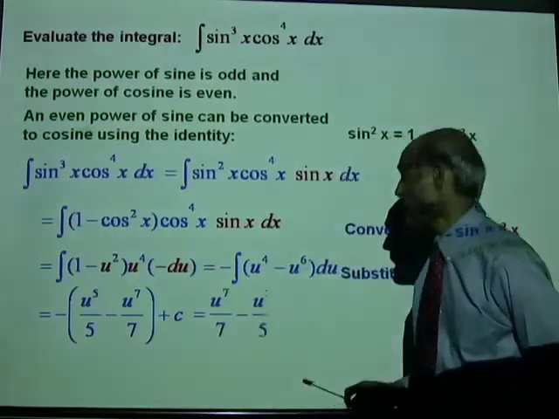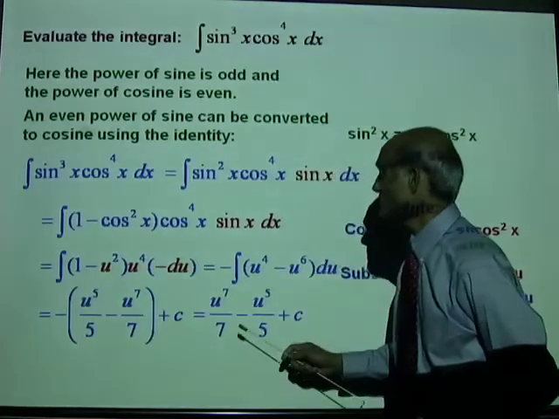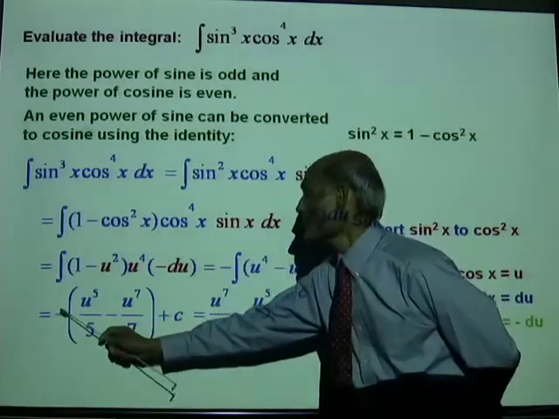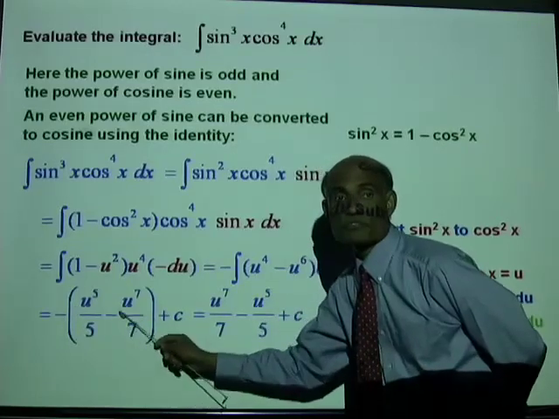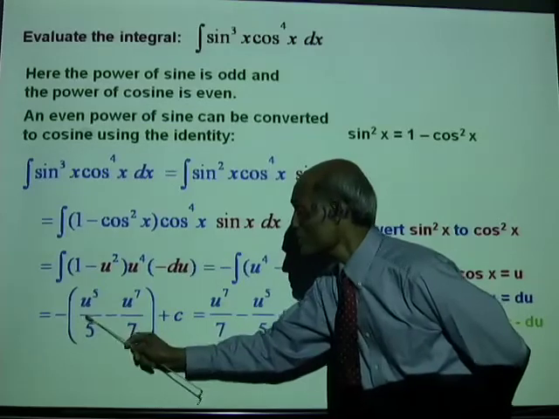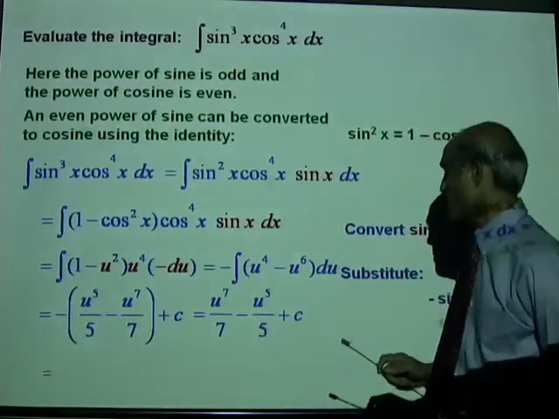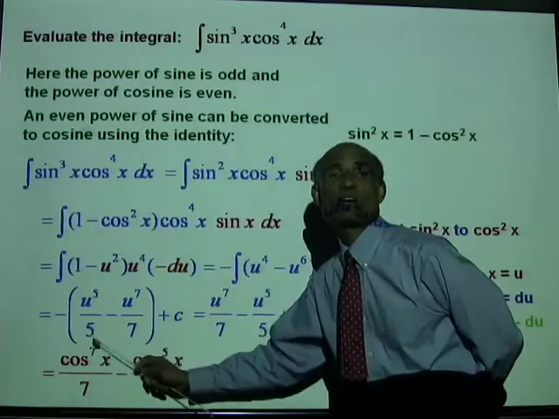What we now need to do is distribute that negative. Negative, negative become positive. So I'm going to write this first: u to the power of 7 over 7 minus u to the power of 5 over 5. And replace your u by cos x.